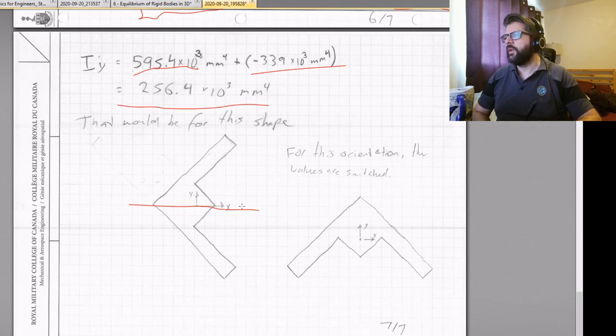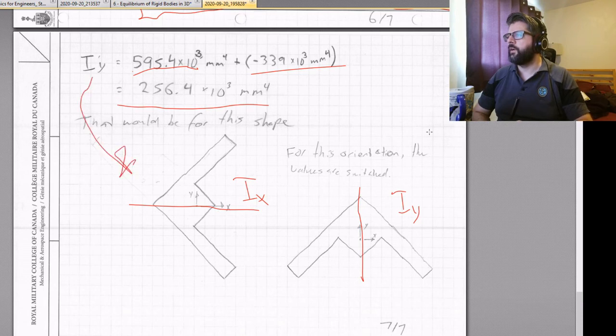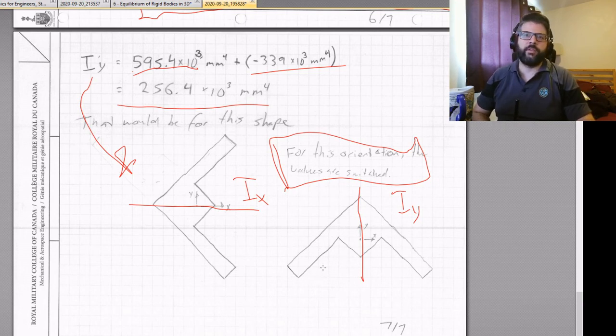We are maximizing our Ix when we orient it like this, whereas in this orientation we are maximizing our Iy. Because it's for this orientation, you just switch the two values.